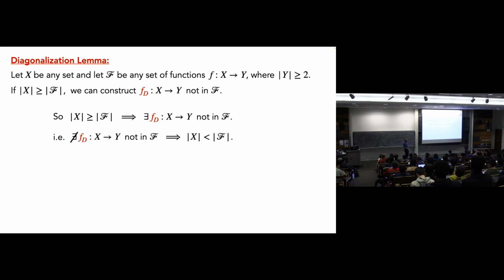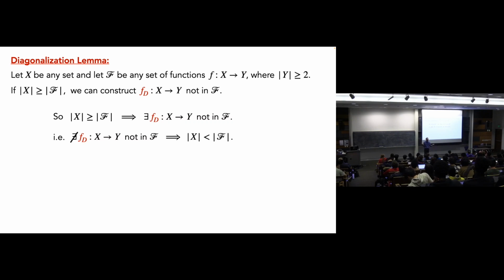And if you take just the contrapositive of this, it says that if there does not exist a function that is not in curly f, then it must be the case that the size of x is strictly less than the size of f. Because whenever the size of x is at least the size of f, we can construct something outside of curly f. And if we are in a situation where we cannot do that, then the size of x is strictly less than the size of f.